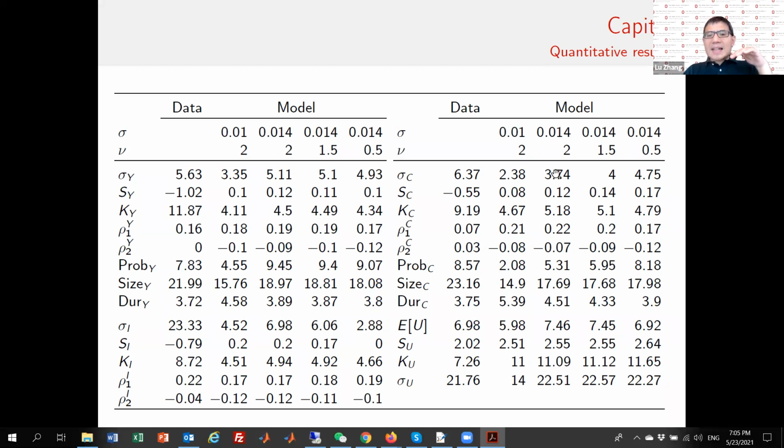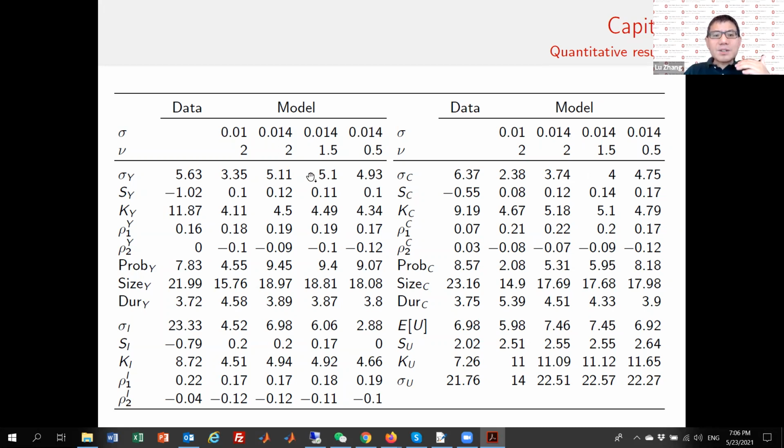Correspondingly, you see that consumption volatility increases because the household is more restricted by adjustment costs to smooth consumption. As a result, the household consumption volatility becomes higher, 3.7% to 4.8%. Accordingly, investment volatility goes down drastically.